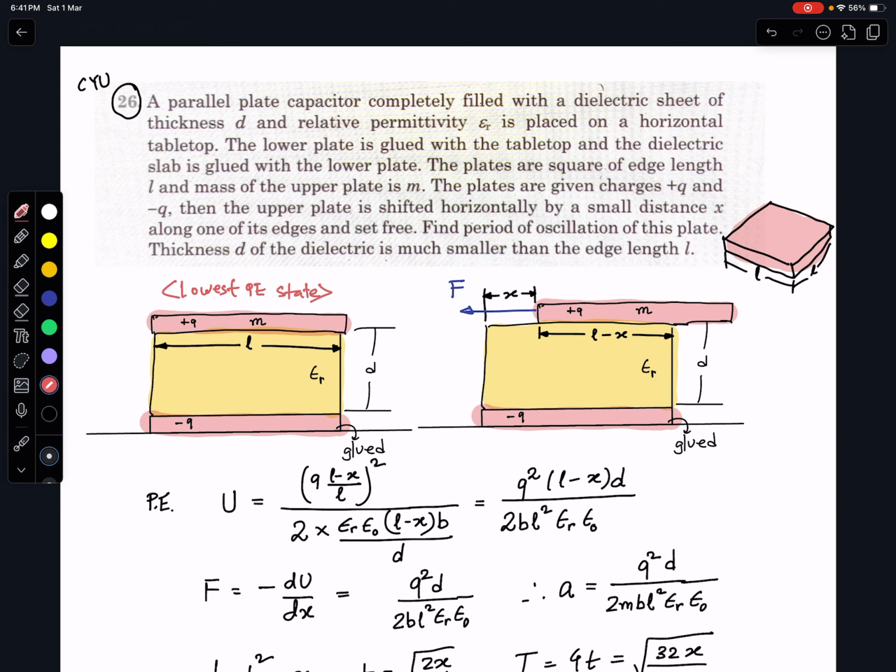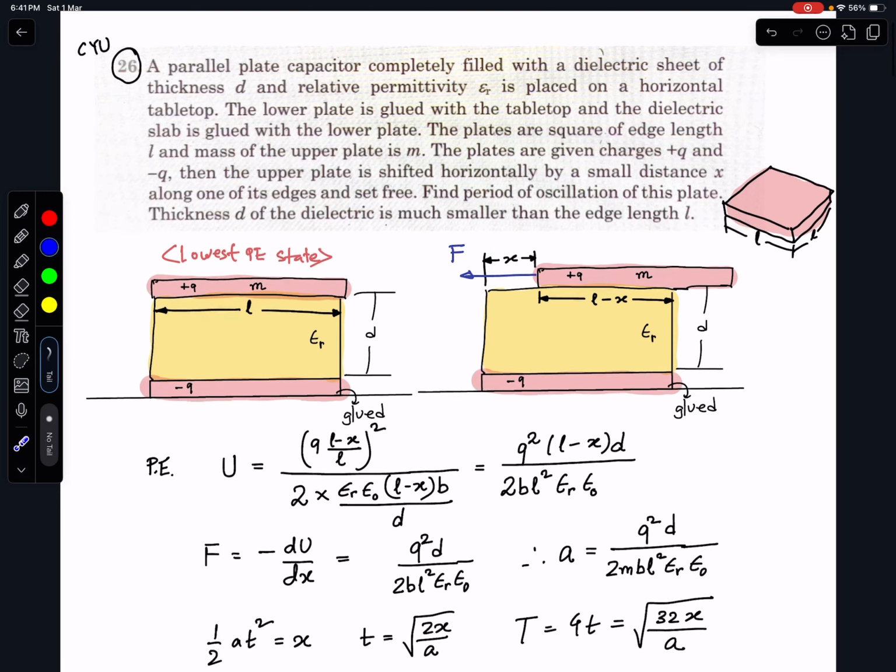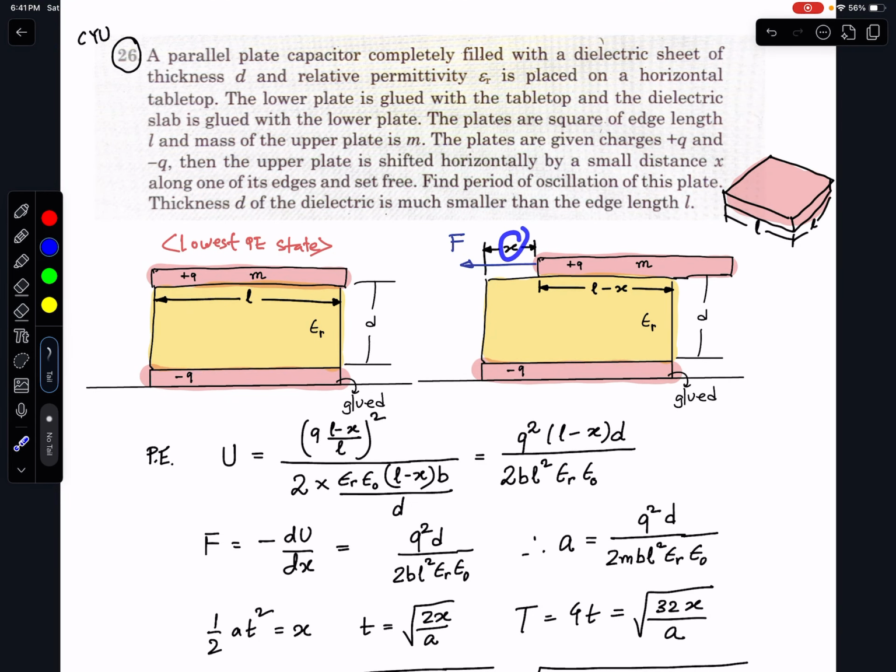Now when it is displaced by x, let's work it out. When it is displaced by x, the capacitor is only this part. The rest of the part is as if it doesn't exist, because there is charge on this part and charge on this part also.